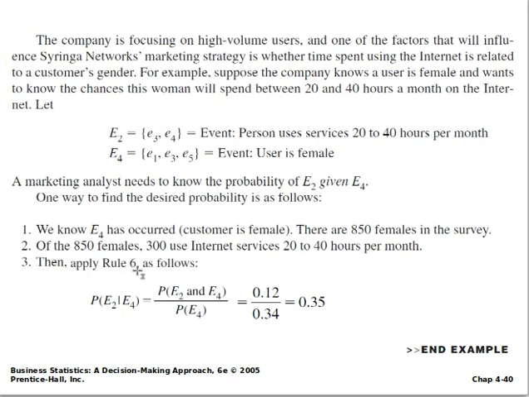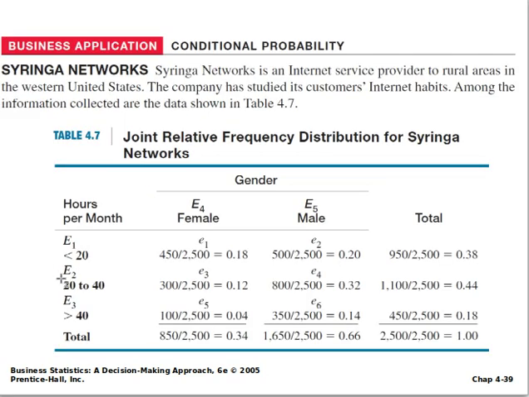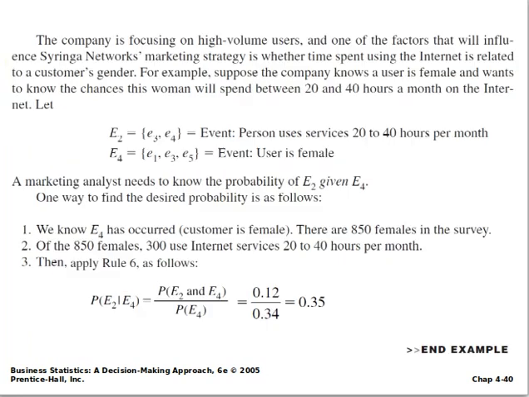Then apply Rule 6 as follows. P of E2 and E4, where E2 and E4 intersect, is 0.12, and P of E4 is 0.34.